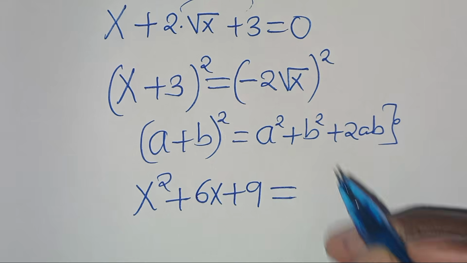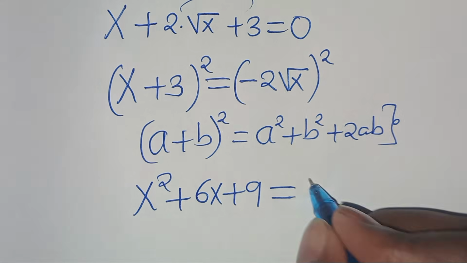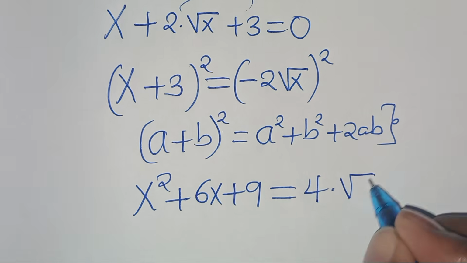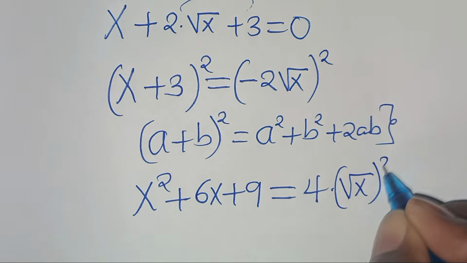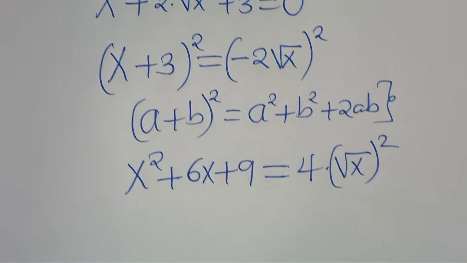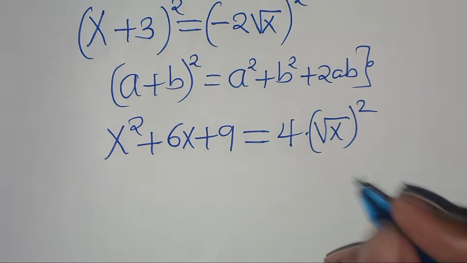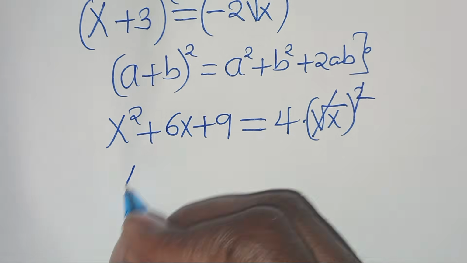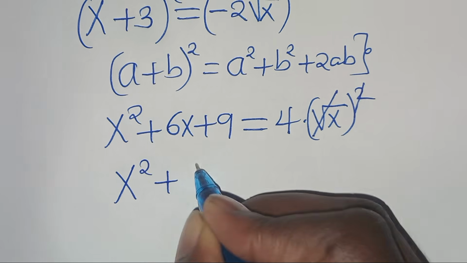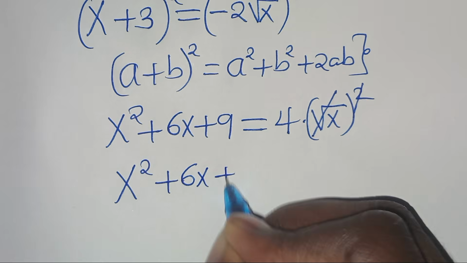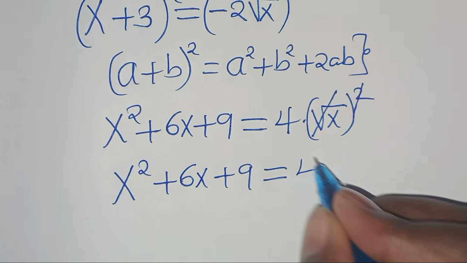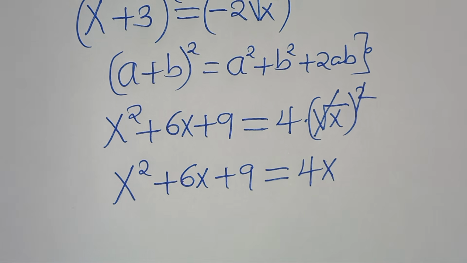This is equal to (-2)^2, which is 4 multiplied by (√x)^2. Now let's eliminate the square root sign here so that now we have x^2 + 6x + 9 equal to 4 times x, which is 4x.